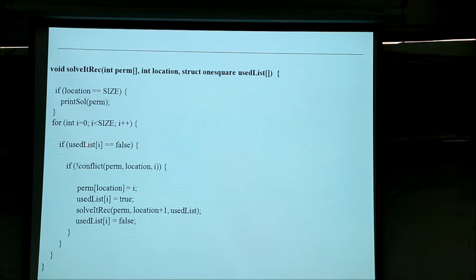Use list says whether you have placed a queen in the ith row. If this is false, then you set use list, so you find a solution where you are able to place it. This is for location i, and then you try to solve it recursively for the remaining configuration. If you are not able to solve it, then you backtrack, so this is set by use list i equal to false.